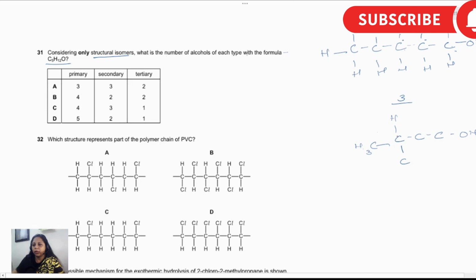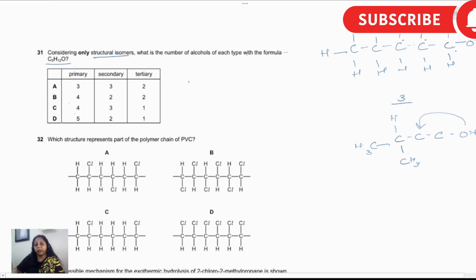We can also shift it to another carbon, and there is formation of another primary alcohol. So there can be 4, because if we shift it over here it would be the same, it won't be different. So the total number of primary alcohols is 4, so it can be B or C.